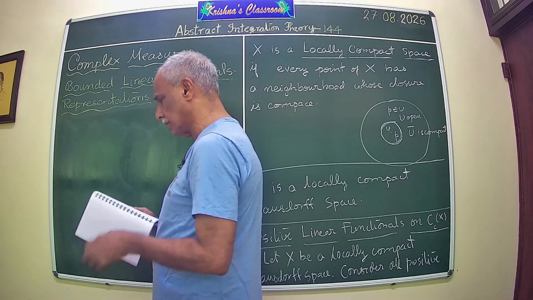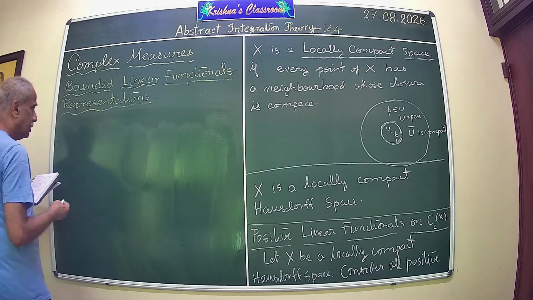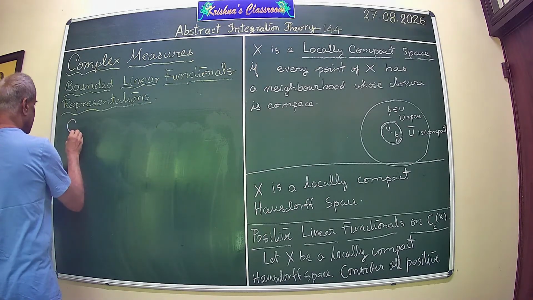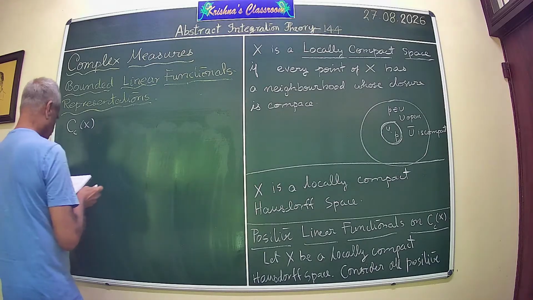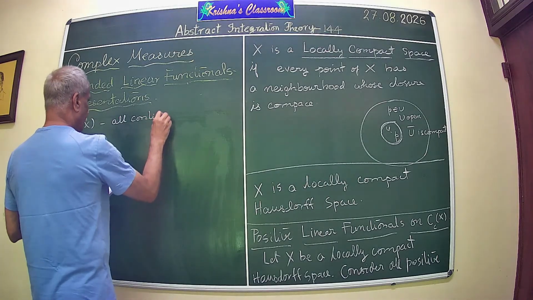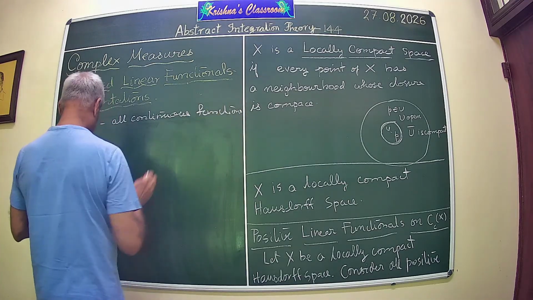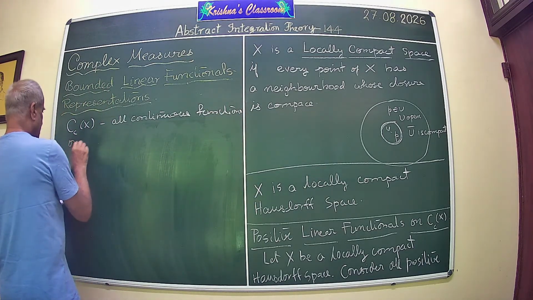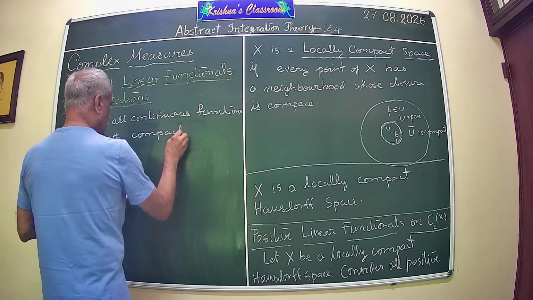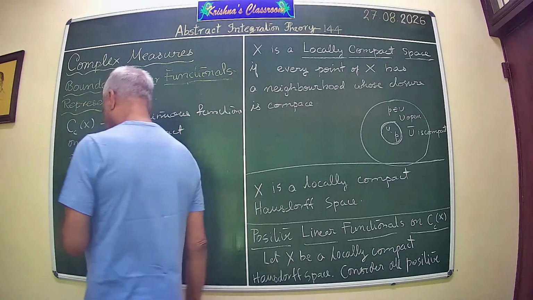We will just recall these little things, that is, we recall the following facts, that CCX is all continuous functions on X. What do we mean by compact support?